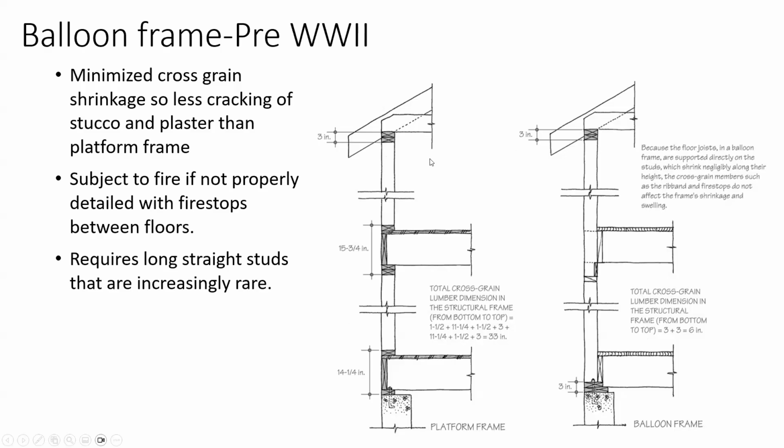So if you look at this, there's a double top plate there holding up the roof, and then there's plates at the bottom, but there isn't a lot of wood laying sideways on that wall. It's just one stud all the way up. So it was much more resistant to cracking the plaster.